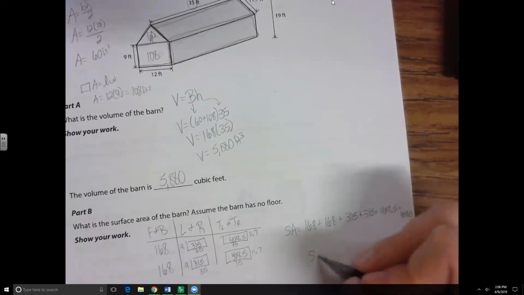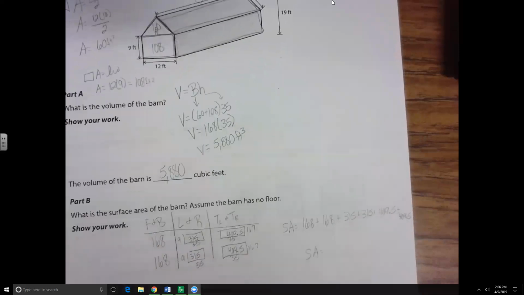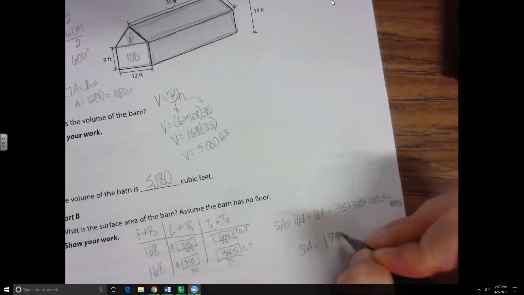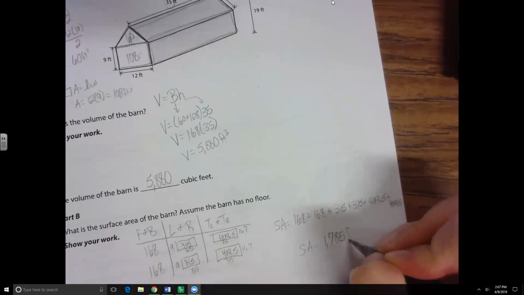If I put that in my calculator, 168 plus 168 plus 315 plus 315 plus 409 and 5/10 plus 409 and 5/10 gives me 1,785. Now this is in feet and it's squared because it's area. So 1,785 square feet would be the surface area of this barn.